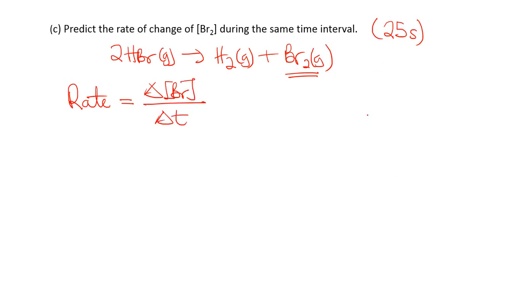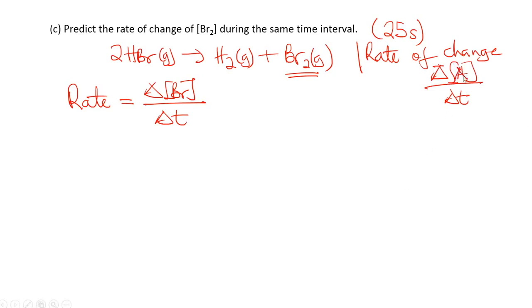And another thing that we need to take note of is that every rate of change for a specific reactant or product is given as change in concentration versus delta T. So let me just make a change here.